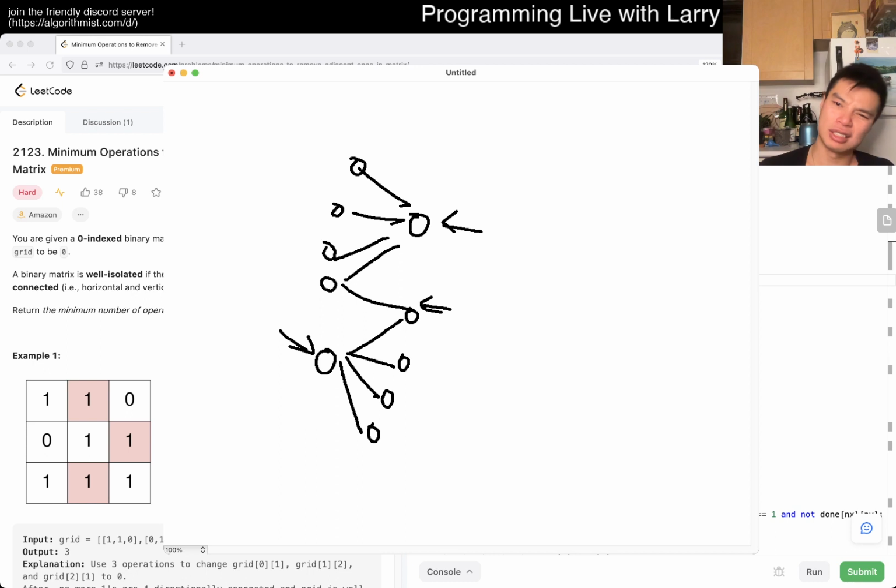I feel like there's a lot of weird possible edge cases. That's why I'm a little bit curious on how to handle it.